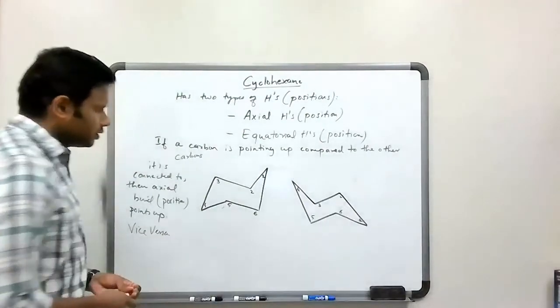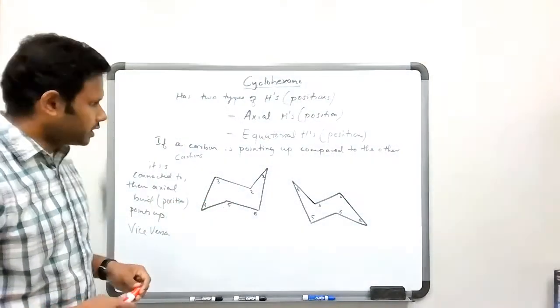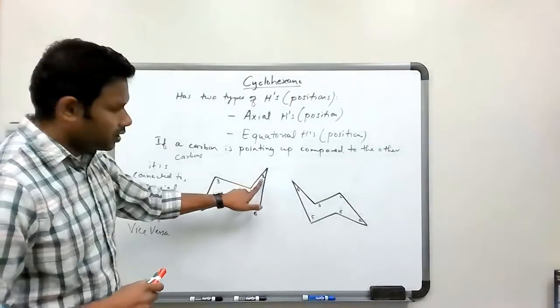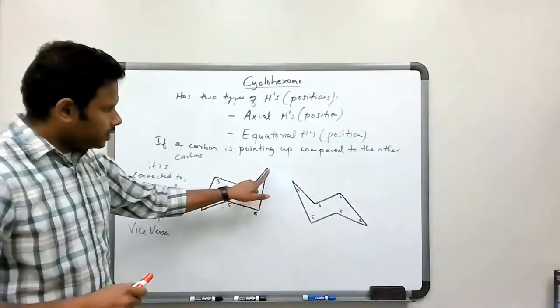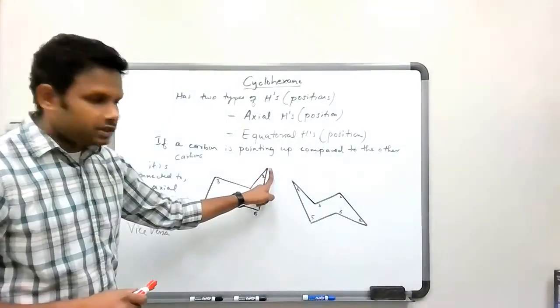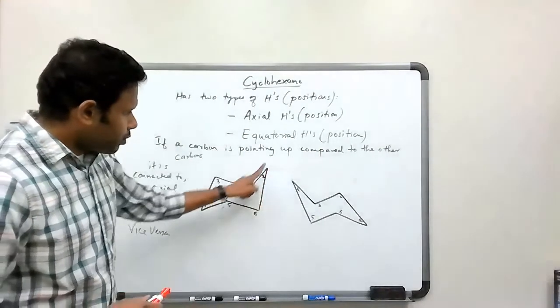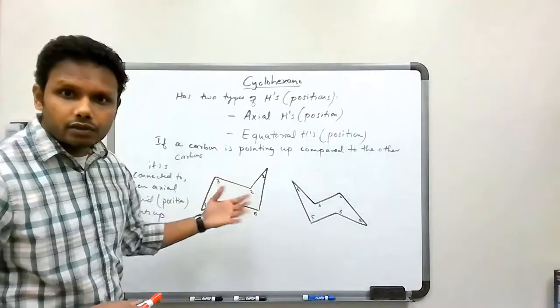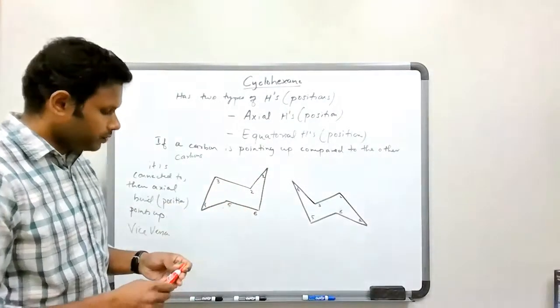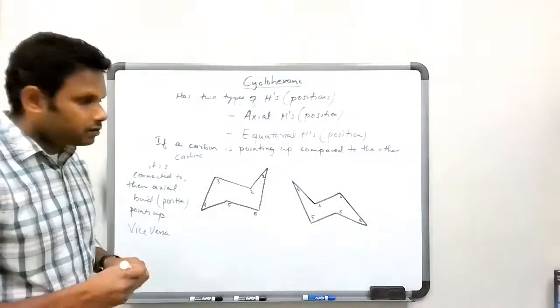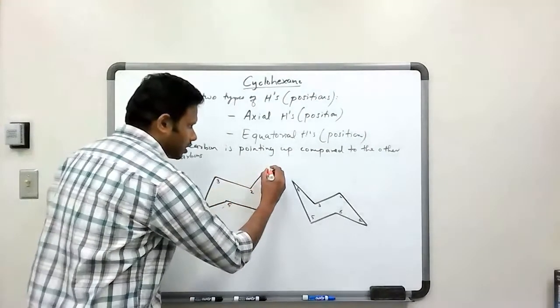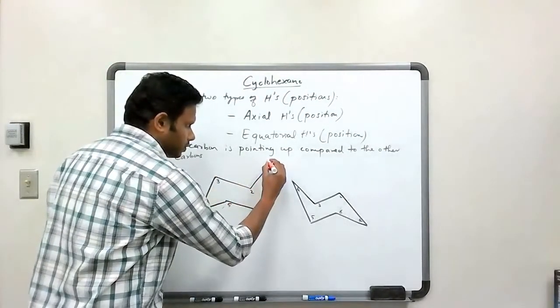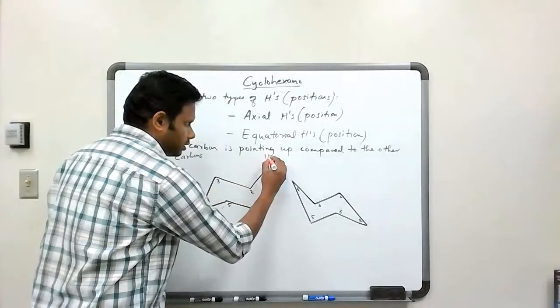So let's look at the first cyclohexane here, and let's start with carbon number 1. When I look at carbon number 1, which is that corner, it is pointing up with respect to 6 and 2, the other two carbons that it's connected to. So the axial hydrogen on carbon number 1 will point up.